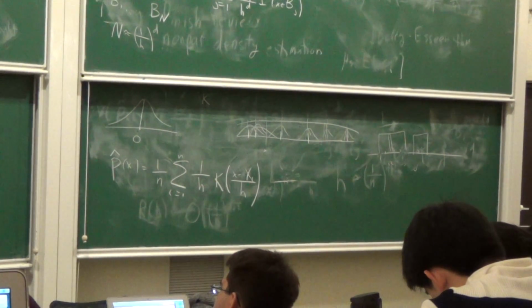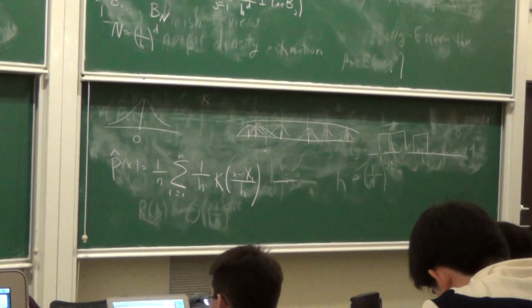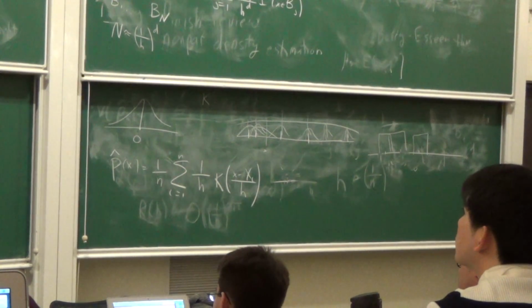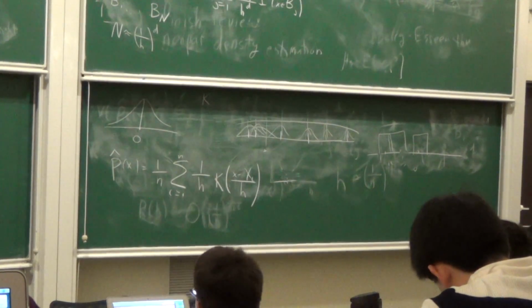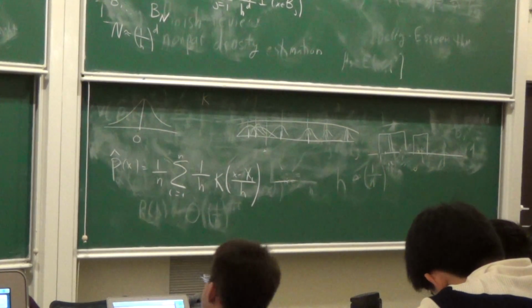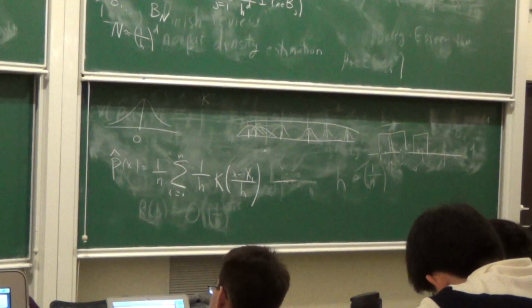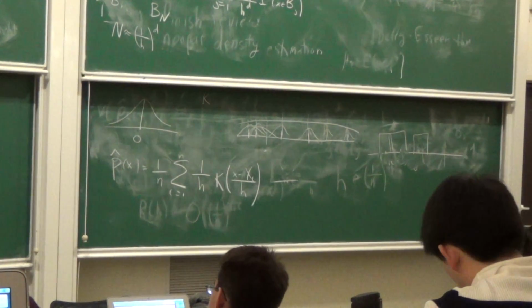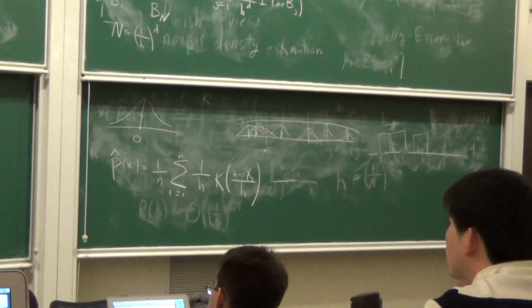It would still just be an average of these things. Let's call them K sub H, where the notation K sub H is going to be scaled, so it's going to look like this: the determinant of H to the minus a half.